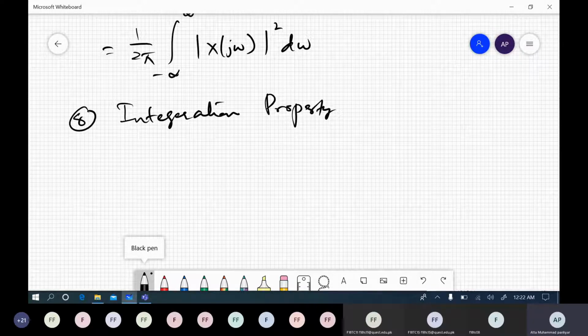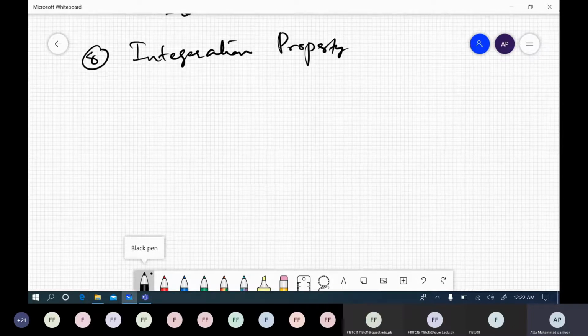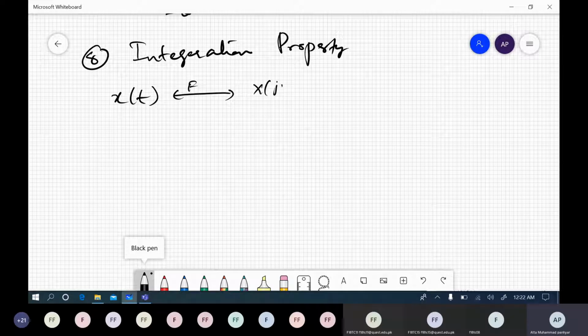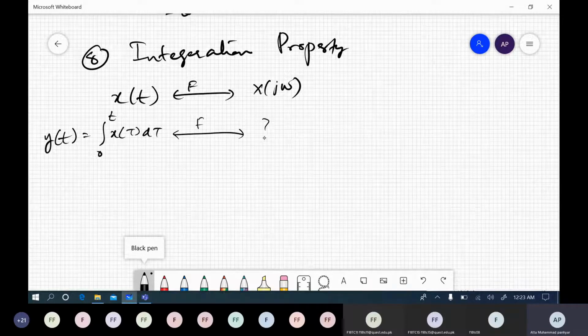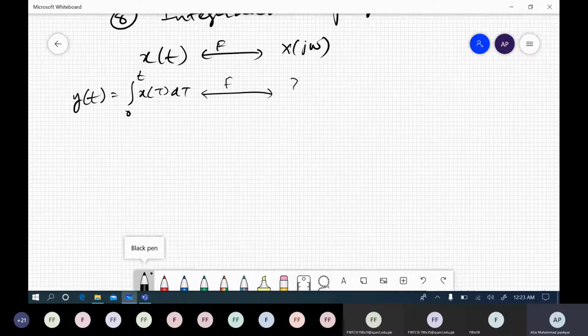If we have a signal, for example x of t, and its Fourier transform is x of j omega, then if there is a signal y of t that is the integral from 0 to a certain interval of x of tau d tau, then what is its Fourier transform? So this is the property that we are going to solve today.